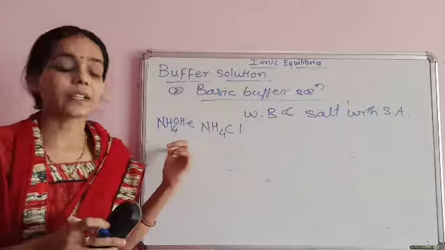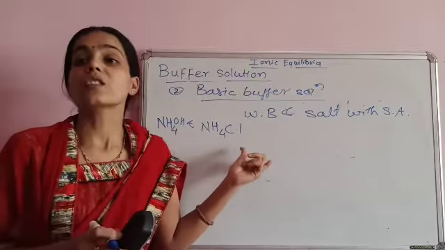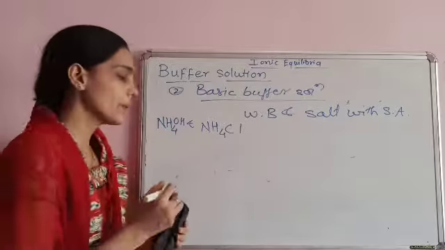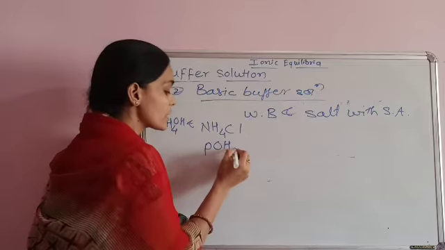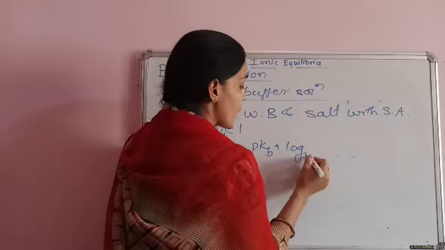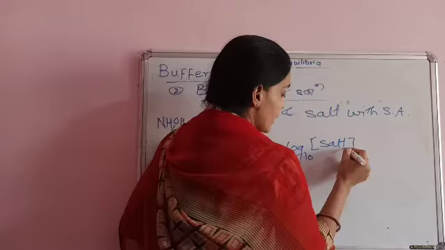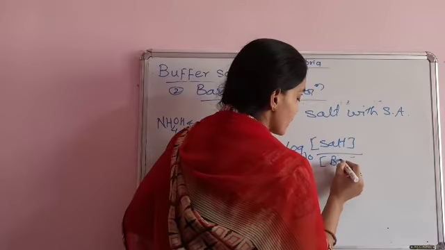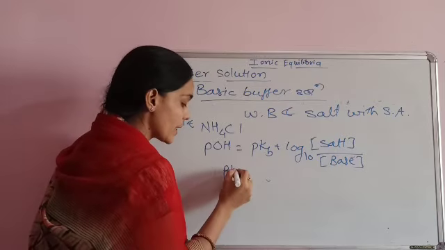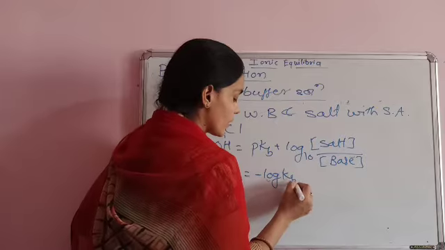The solution containing the weak base ammonium hydroxide and its salt, such as ammonium chloride. The pOH of a basic buffer is given by pOH is equal to pKb plus log base 10 of the concentration of the salt divided by the concentration of the base, where pKb is equal to minus log Kb.